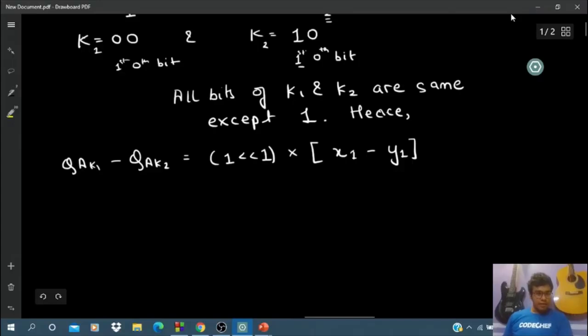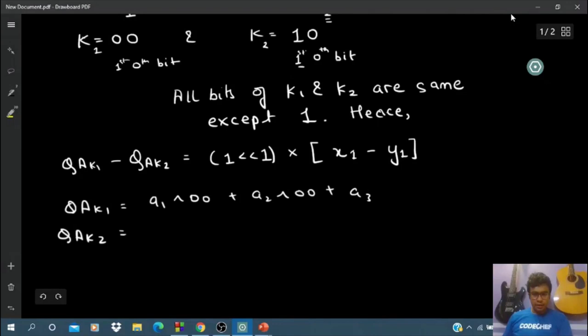So what we'll have is QA of K1 and QA of K2. This will be nothing but A1 XOR 0 0 plus A2 XOR 0 0 plus A3 XOR 0 0, and so on till AN XOR 0 0.